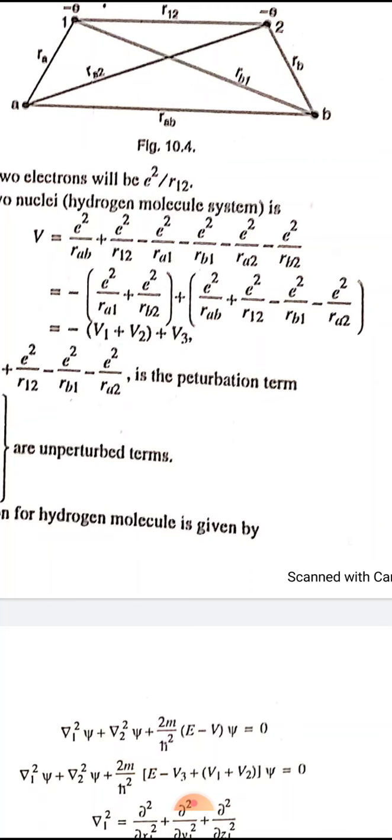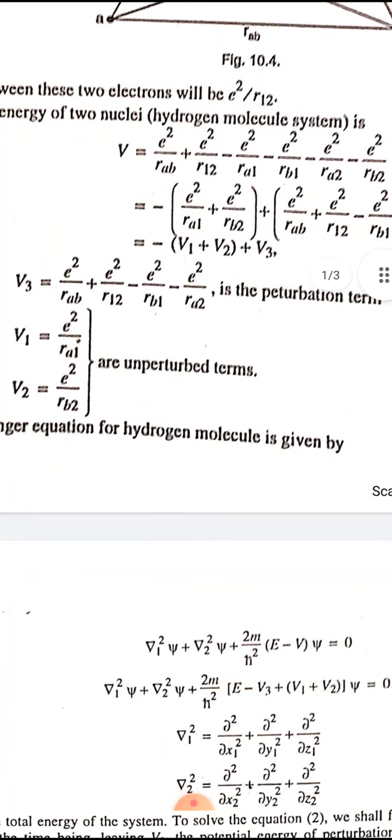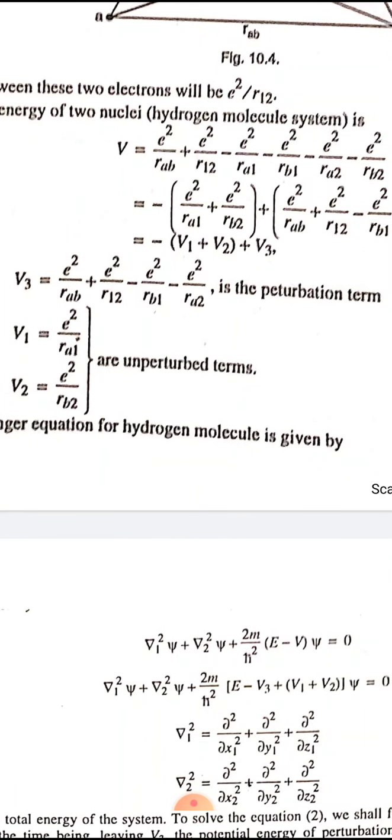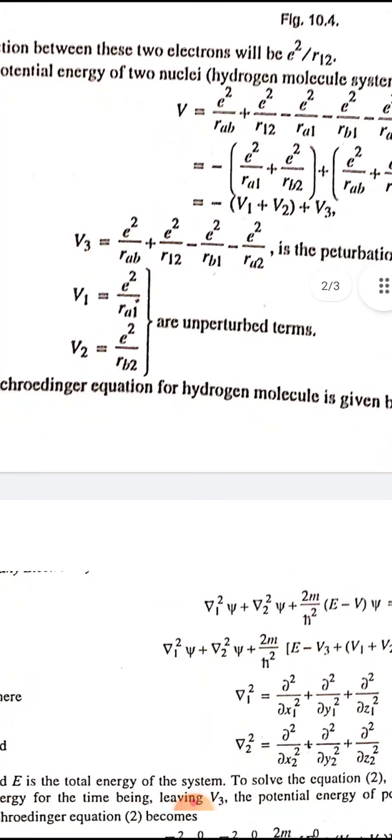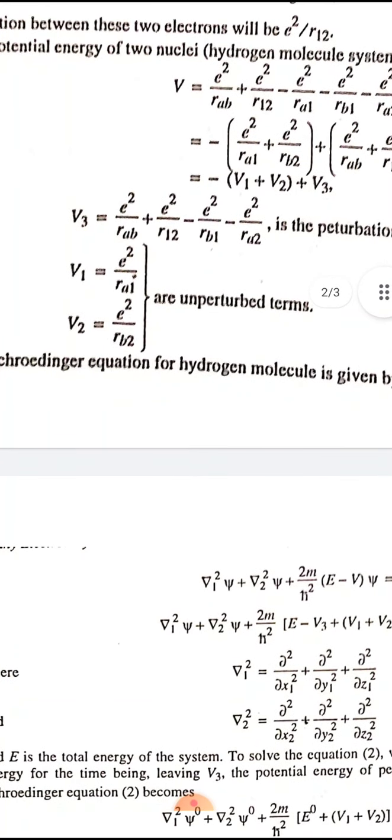So the expression for the potential energy is combined as minus of B1 plus B2 plus B3, where B3 is equal to e squared by rAB plus e squared by r12 minus e squared by rB1 minus e squared by rA2. That is the perturbation form, and the unperturbed terms are B1 and B2. We get these B1 and B2 expressions from the first bracket, that is e squared by rA1 and e squared by rB2.